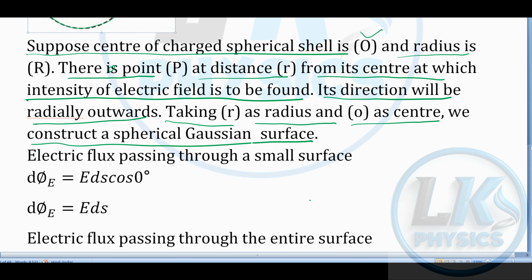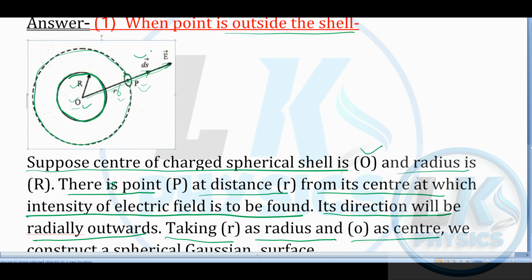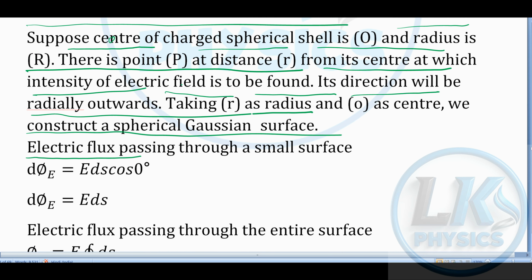Now we find electric flux passing through the small surface. The formula for the electric flux is d phi equal to E ds cos theta. Here theta is 0 because electric field and the area vector are in the same direction.